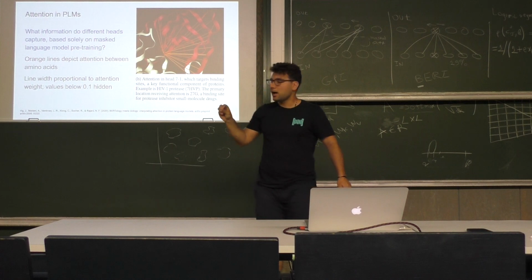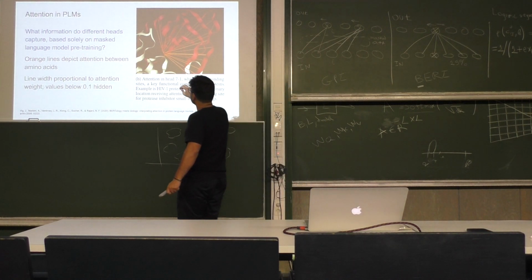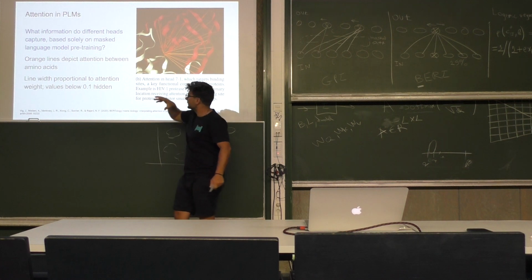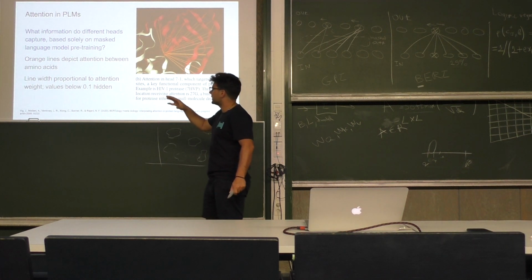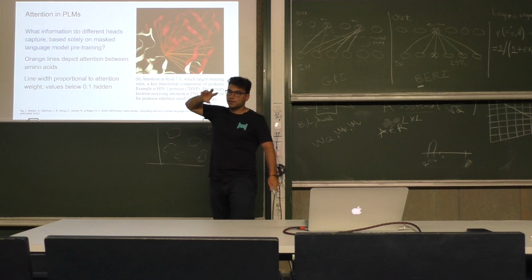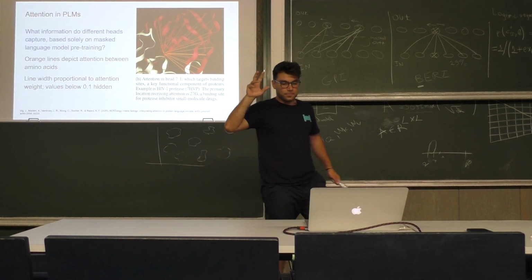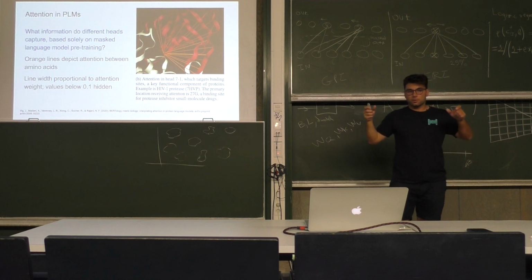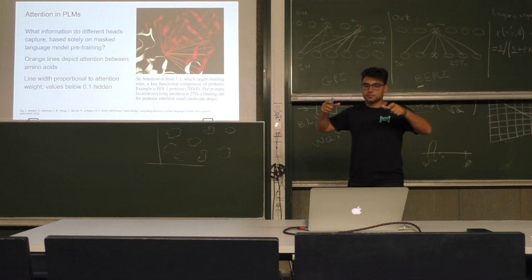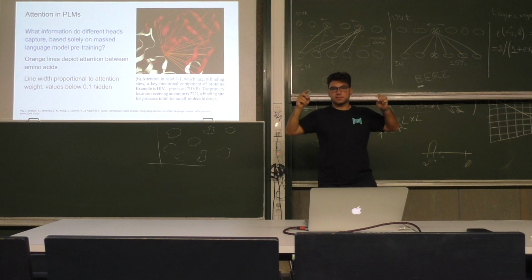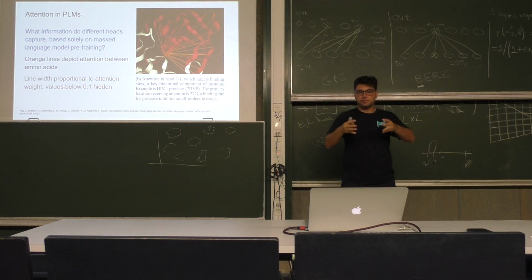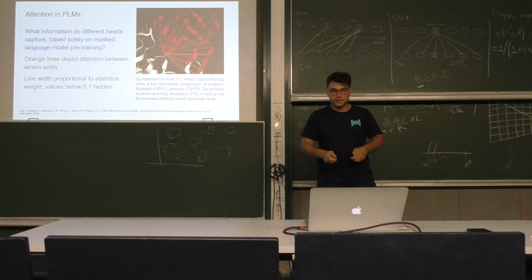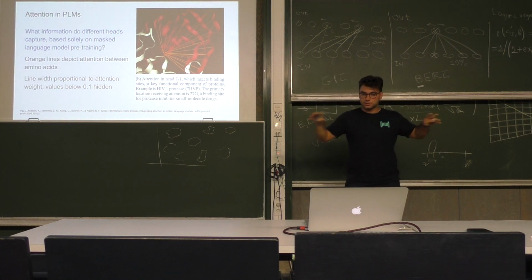And these orange lines indicate, globally, the attention between all the other amino acids. You can see that the model already attends, all the surrounding tokens attend to this very important part of the protein, which is the binding site. And this happens only based on the sequence information.